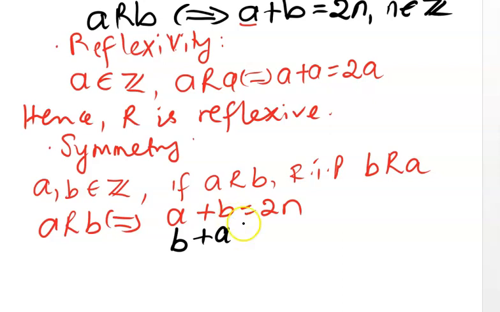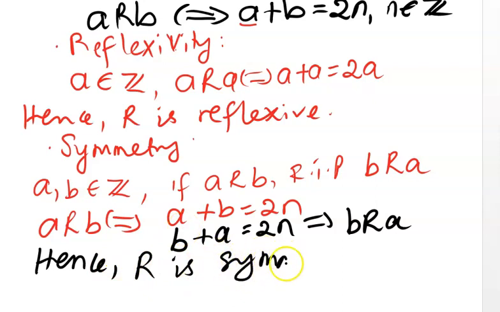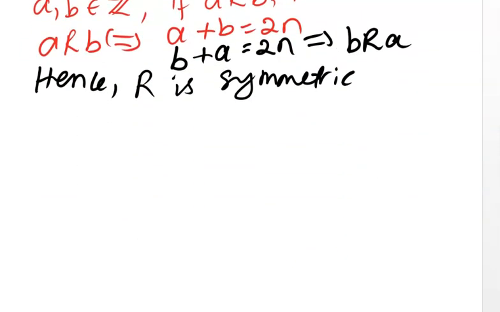So a plus b equals 2n is still the same as b plus a equals 2n, which implies that b relates to a. Hence, R is symmetric.